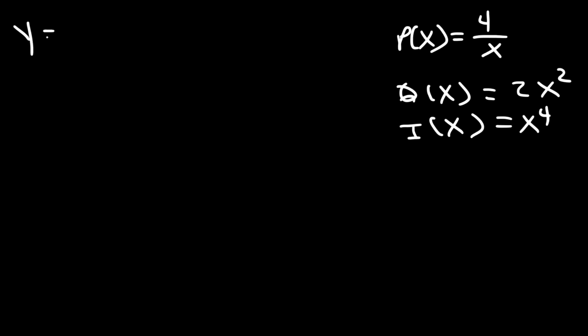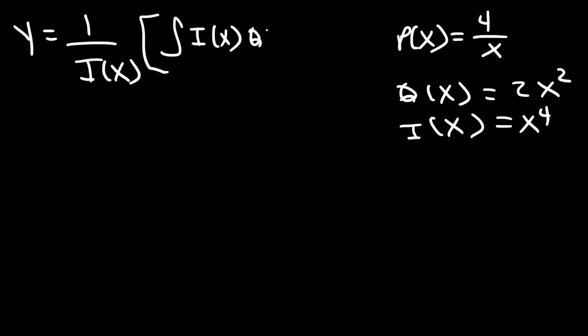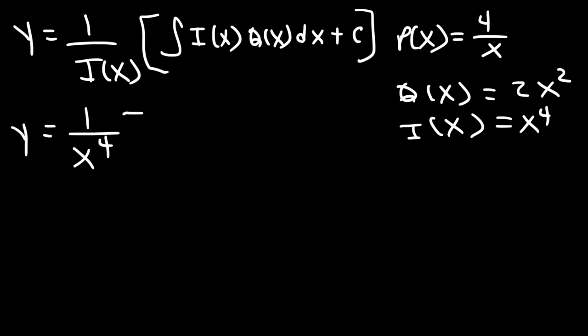Now let's use this equation. y is equal to 1 over the integrating factor times the integral of I of x times q of x dx plus c. So this is going to be 1 over x to the 4th times the integral of x to the 4th times q of x, which is 2x squared, dx plus c.